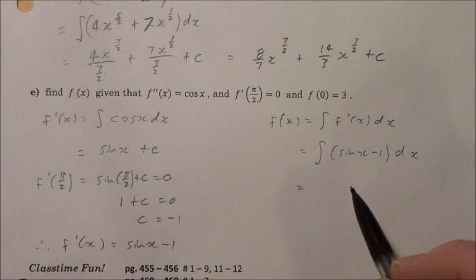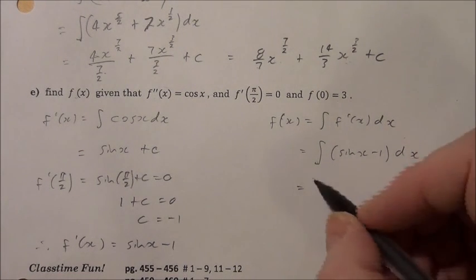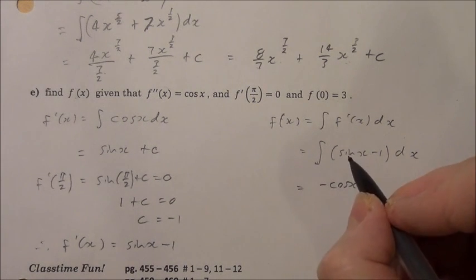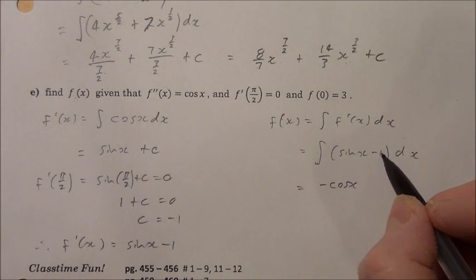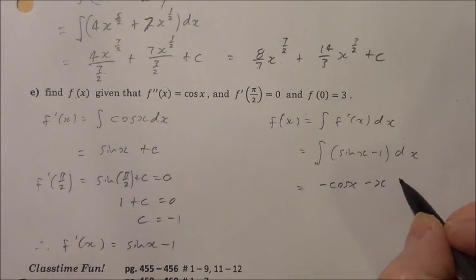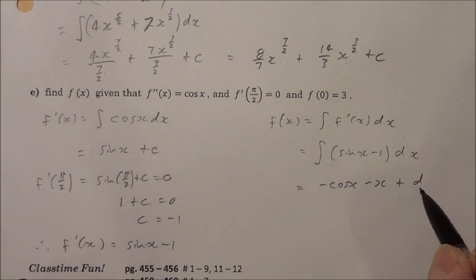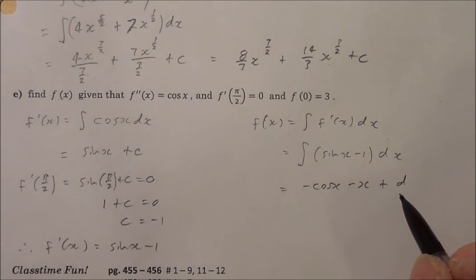Well, you take the derivative of cosine x to get negative sine x, so we would take the derivative of negative cosine x to get positive sine x. And then here's the negative 1, so that gives us negative x plus, now we've already used c, so I'm going to use d here as the new constant.